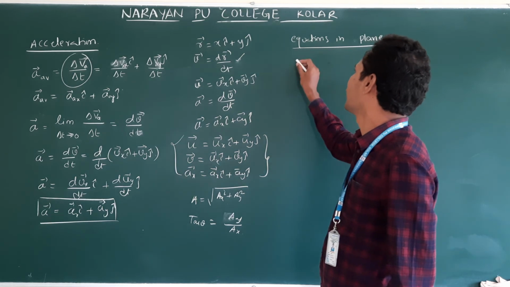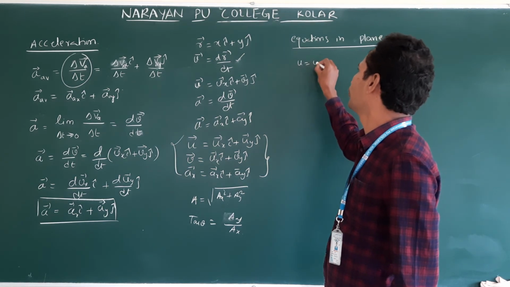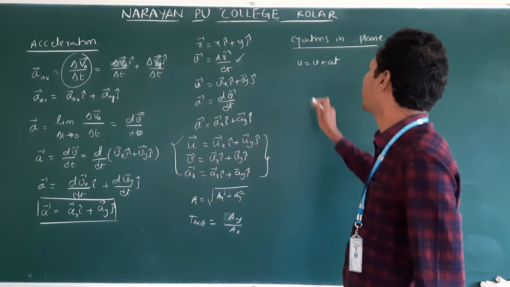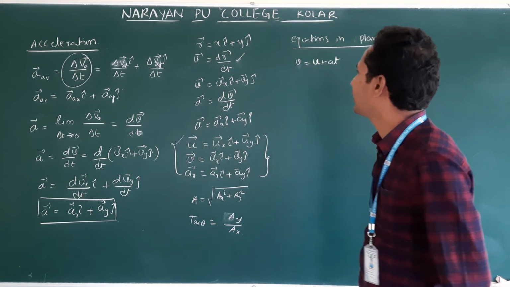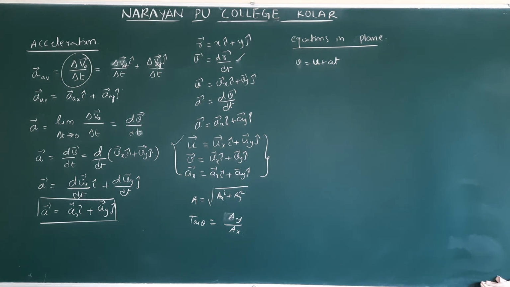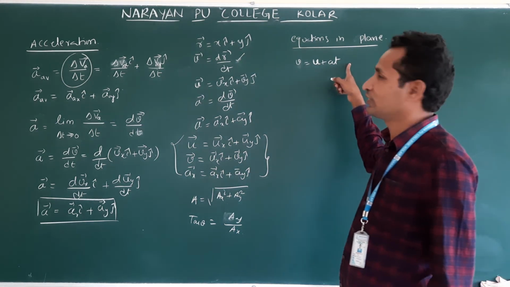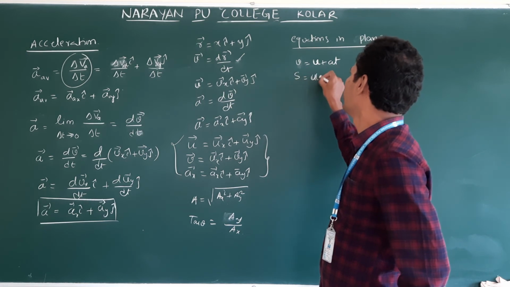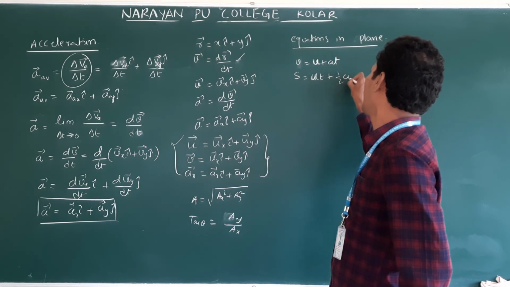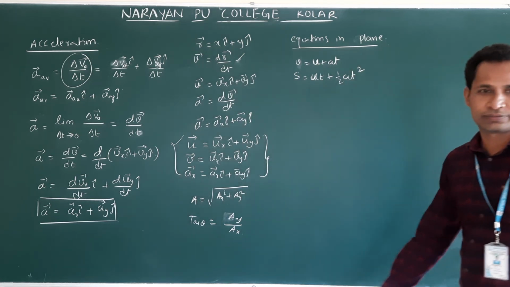What did you see as kinematic equations in the first lesson? First is v is equal to u plus at. Am I correct? Final velocity equation. This is the first kinematic equation. Next, the displacement equation: s is equal to ut plus half at square.